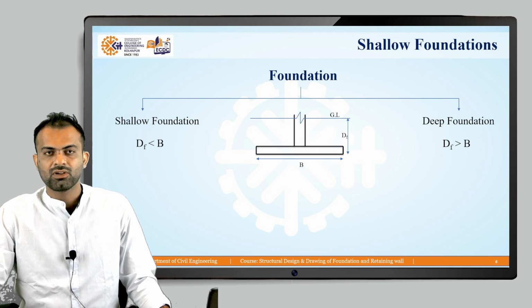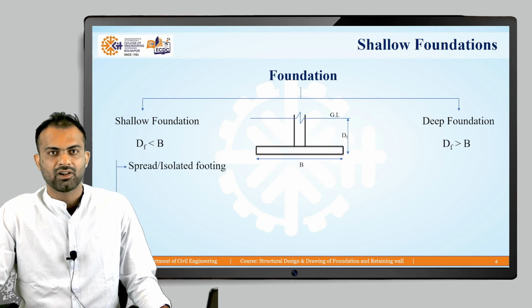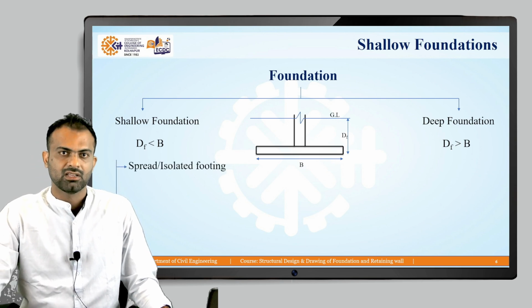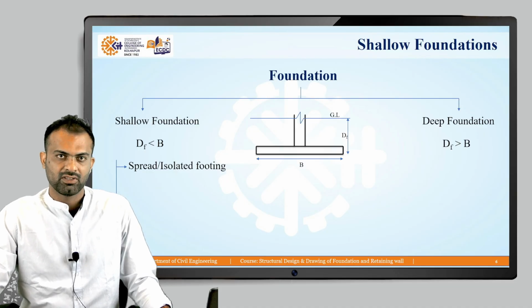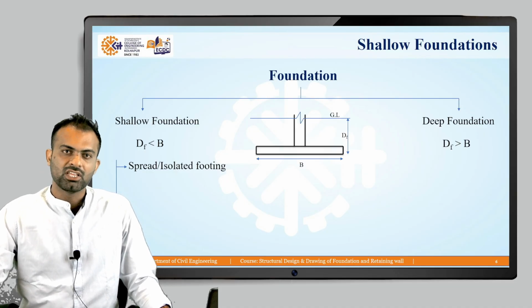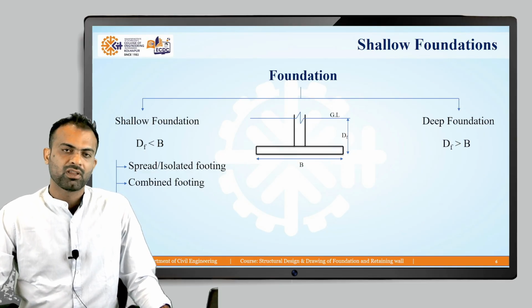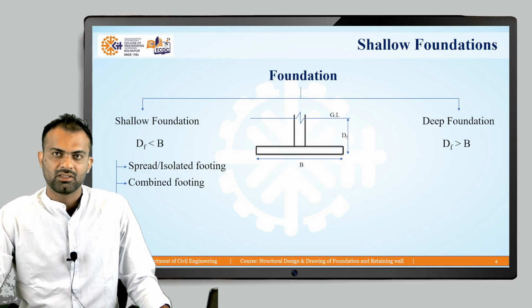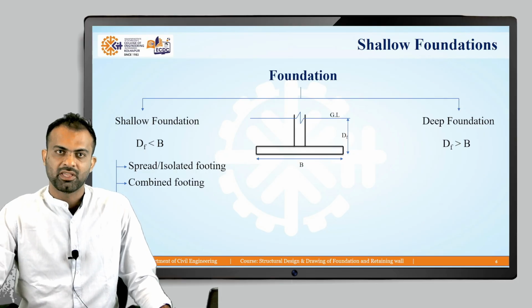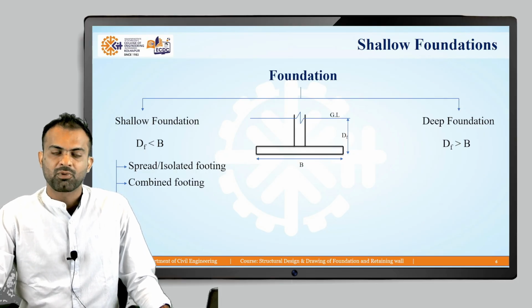If you look at the shallow foundation, we have different types of foundation. One is spread or isolated footing, which is going to be located under each column, and then combined footings. We can give a combined footing for 2 or 3 columns. If the columns are closely spaced, then we can't provide isolated footings because of the pressure bulb.